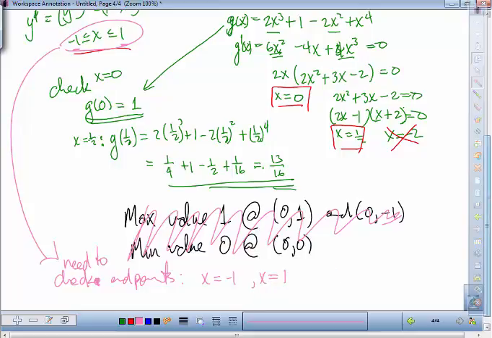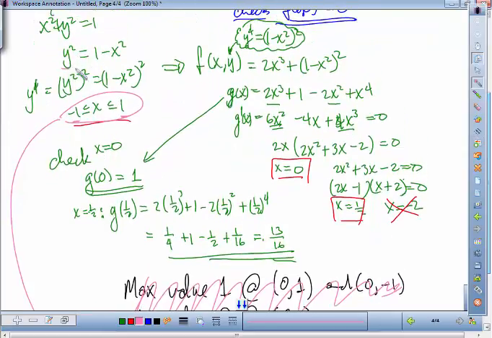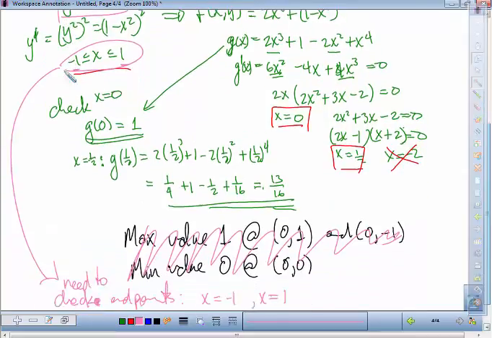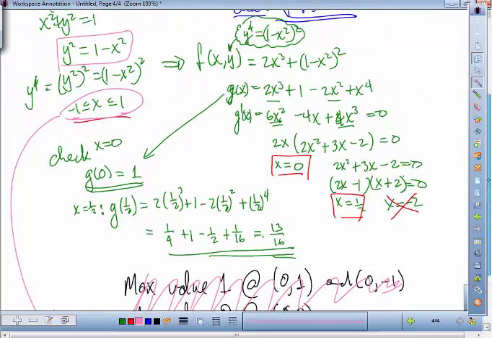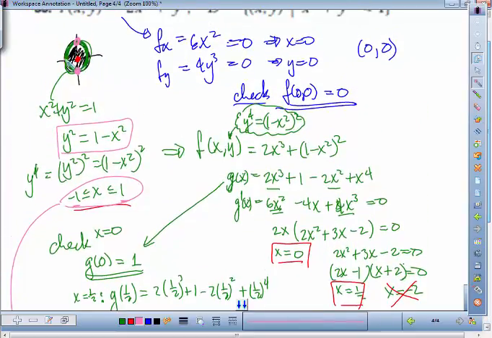And to get your corresponding y values, remember that this is the equation that helped us find a relation between x and y. Or we can just look at the point on the circle, right? So when x is equal to 1, what's y equal to? 0. When x equals -1, what's y equal to? 0. I think I said that backwards. We take these points away. So these are the points that we need to look at.